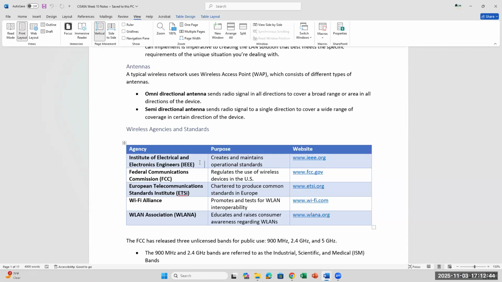That means that I can use it across multiple brands, and with my current network that might not be the same brand. So if it's tested, they will have the label on the box showing that it is tested. And then your WLANA, the association, these people are in charge of bringing attention to the consumer, and education.